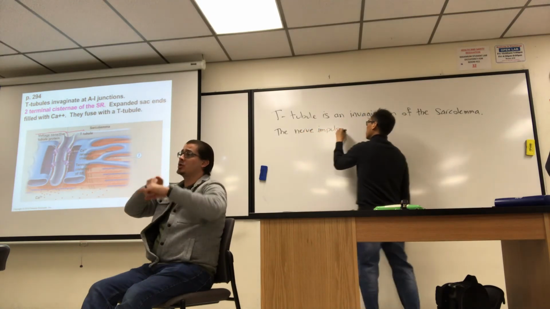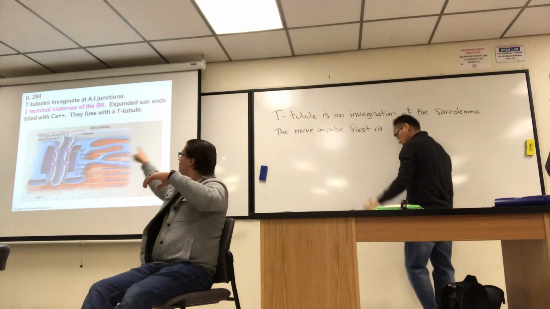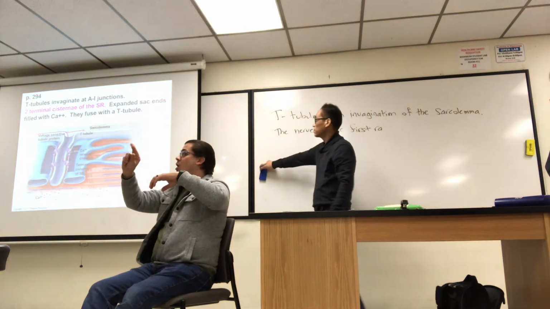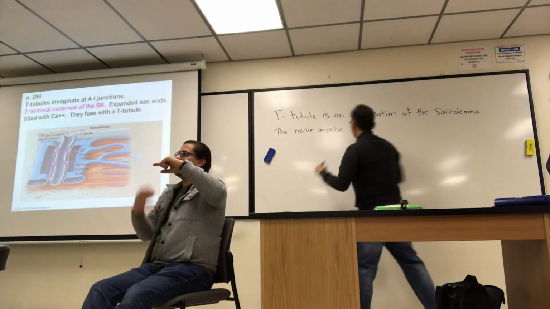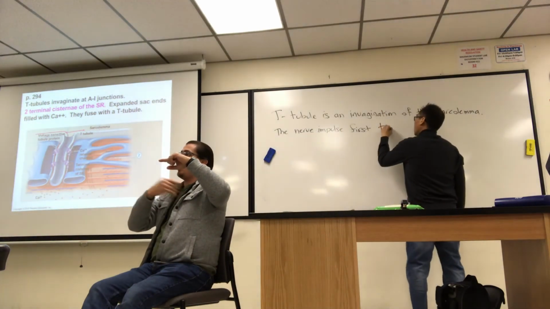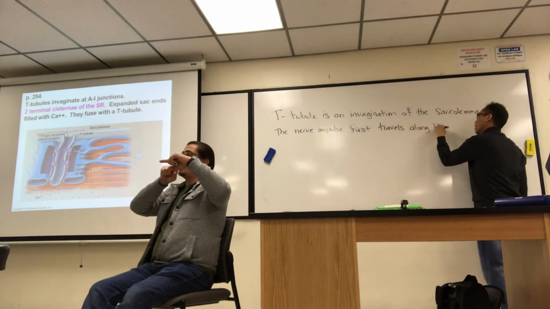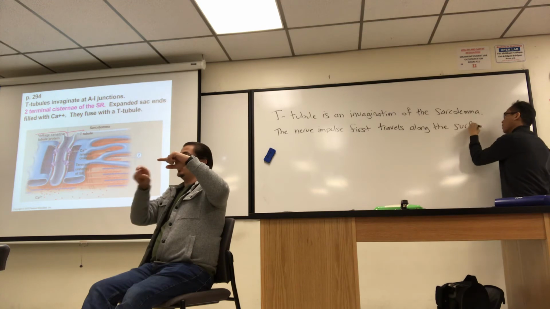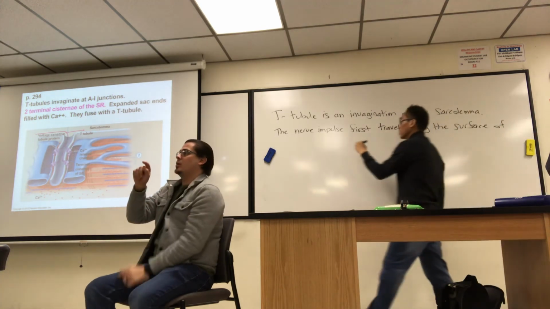The nerve impulse first travels along the surface of the sarcolemma.